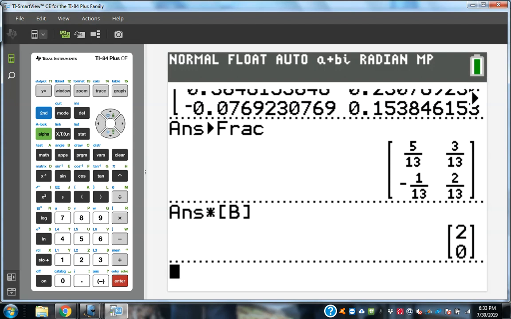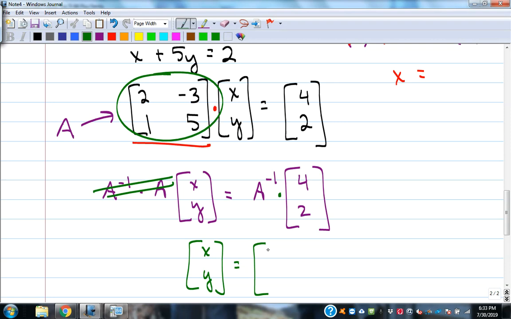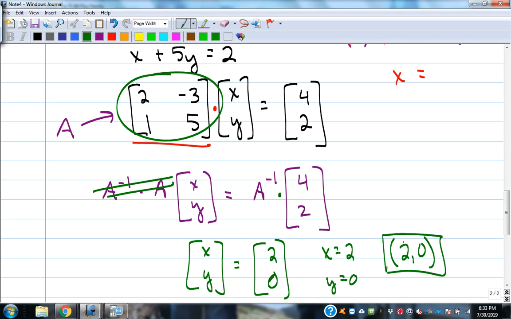It's really a neat way of solving there. So X equals 2, Y equals 0. Ordered pair is 2, 0. Out of that, using the inverse matrix to solve that.